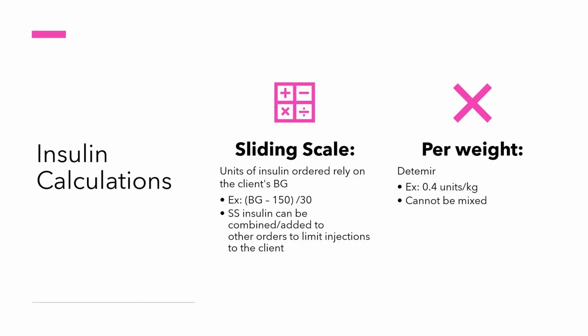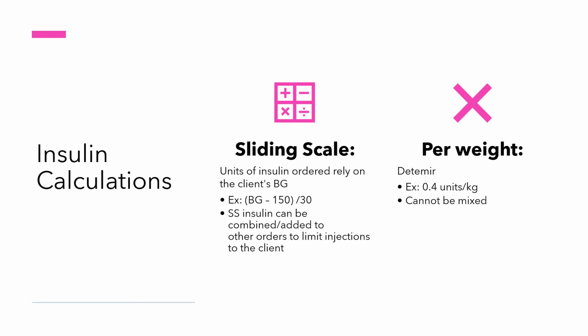So next we have calculations. We're going to calculate the amount of insulin our client is going to need based either on their sliding scale order or their weight. And this will also depend on the medication, not just the physician's preference.